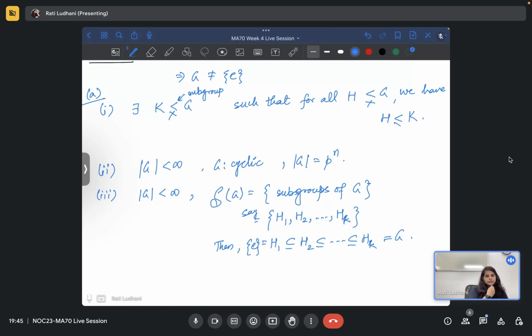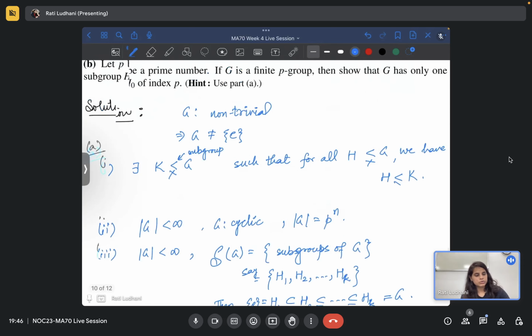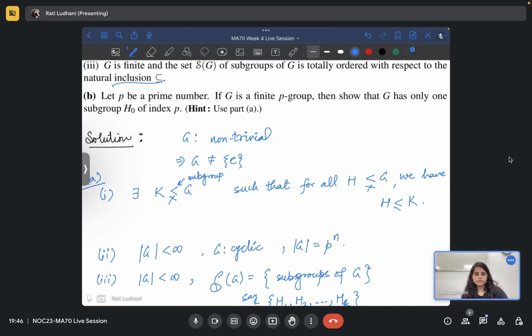Third is G is finite, and the set of subgroups of G are in total order. That means there exists a chain H1 to Hk such that H1 is contained in H2 and so on. So the condition says it's an inclusion.